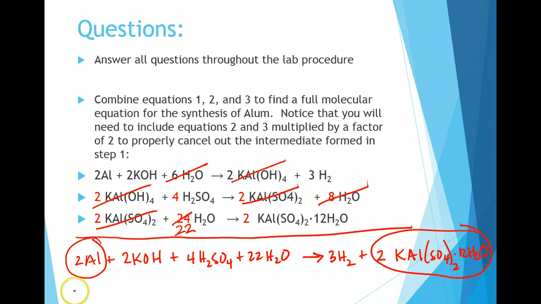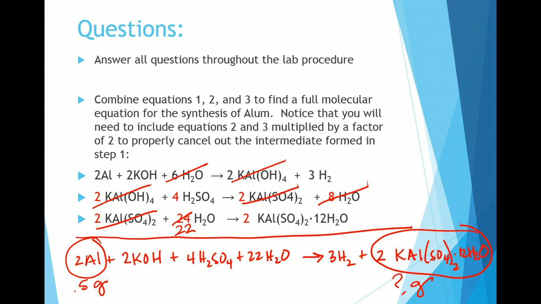And you should think about this in terms of stoichiometry. You started with approximately 0.5 grams of aluminum, and to figure out the theoretical yield, it really becomes a grams to grams problem. So think back to chapter 3 when we did stoichiometry. Start with 0.5 grams of aluminum as your given, as your A, and solve for the yield of grams of alum.